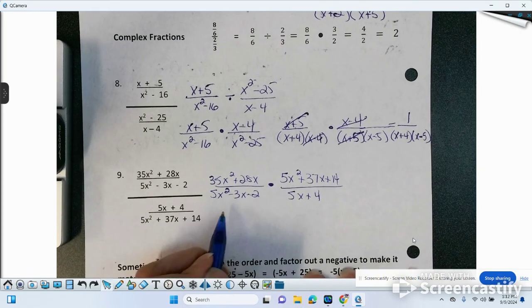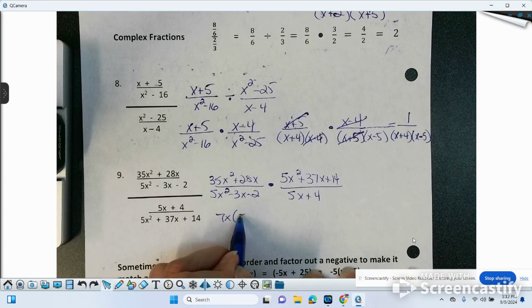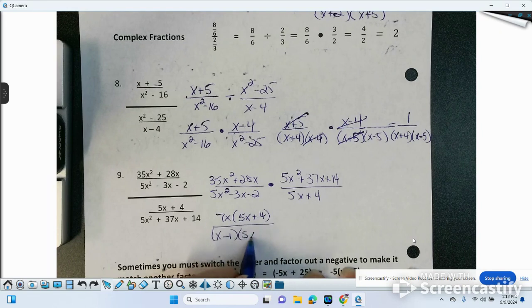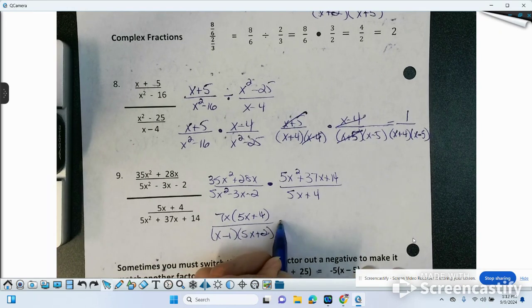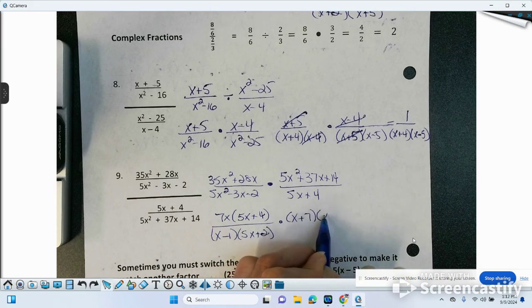So when you work that out, you're going to get 7x, 5x plus 4, x minus 1, x plus 2, x plus 7, 5x plus 2, and 5x plus 4.